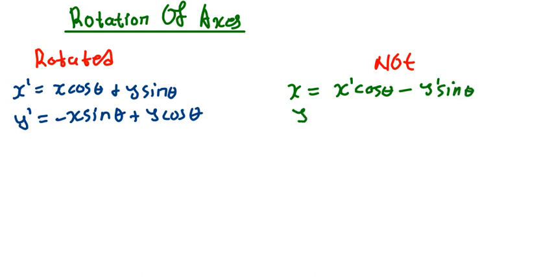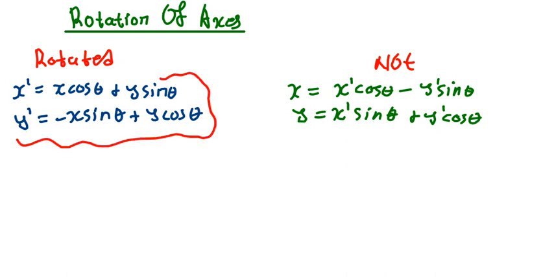Then your y is going to be equal to x prime sine theta plus y prime cos theta. So these right here are the four most important equations that you should always keep in mind when you're rotating the axis. They are the ones that you need.